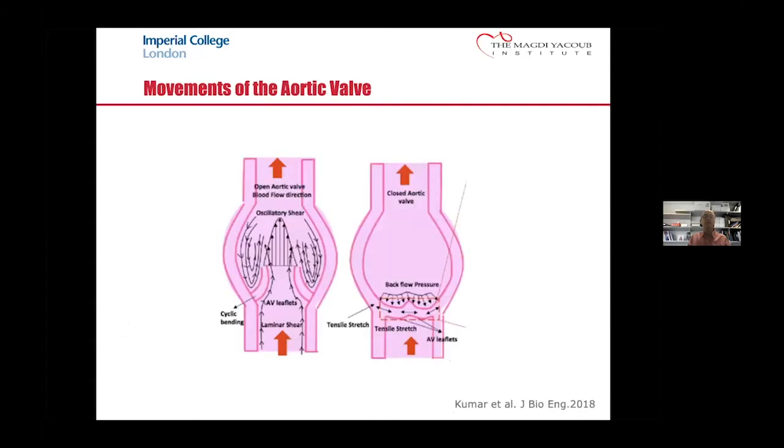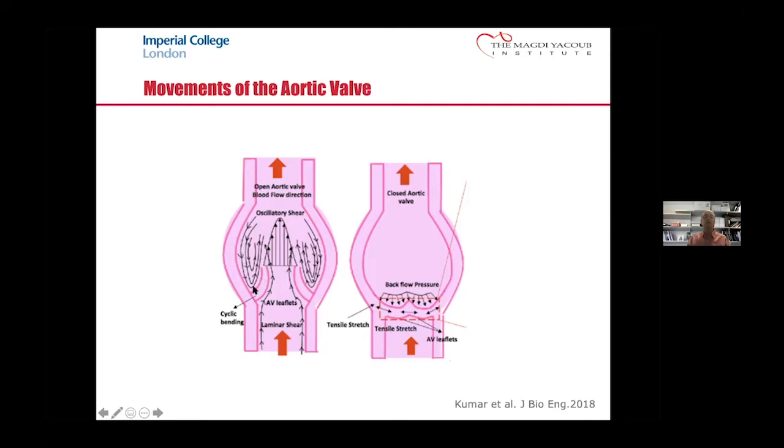Now, the valve is a very interesting structure with respect to the flow over the surfaces of either side of the valve. So on the ventricular surface, you can see that you get high laminar shear flow, which is indicative of atheroprotected areas in the vasculature, whereas the aortic surfaces, when the valve closes, see a disturbed low shear pattern of flow as the blood recirculates around the sinuses.